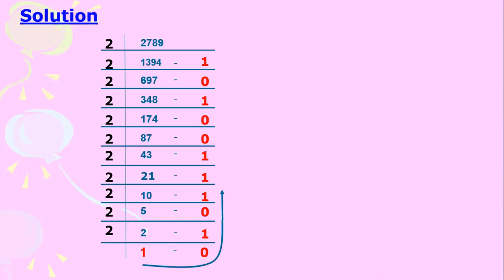You get 1391, remainder 1. You note now the remainder. Then you divide again what you have gotten by 2. That is 1394 divided by 2. You get 697. And then remainder 0. You note now the remainder. Then you proceed again by dividing 697 by 2. You get 348, remainder 1.